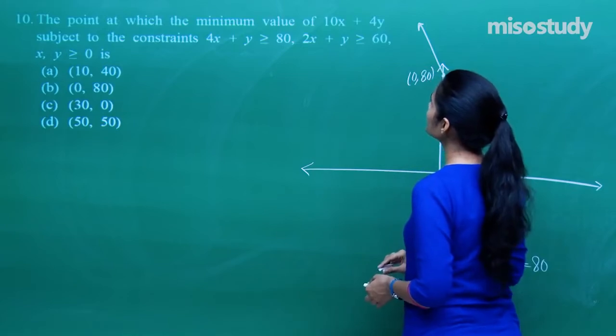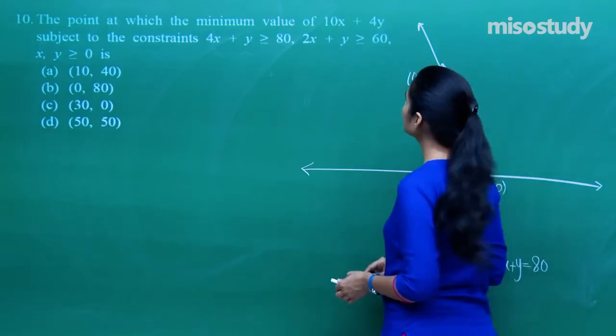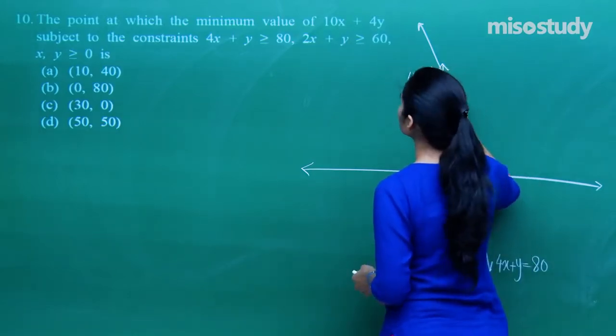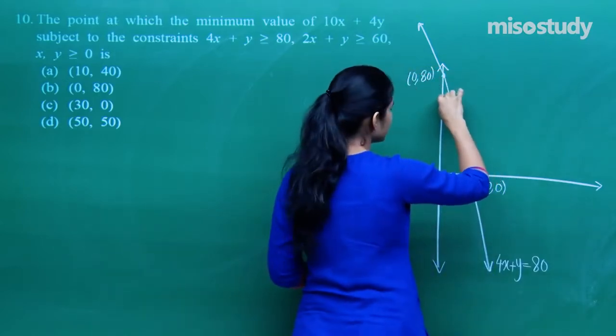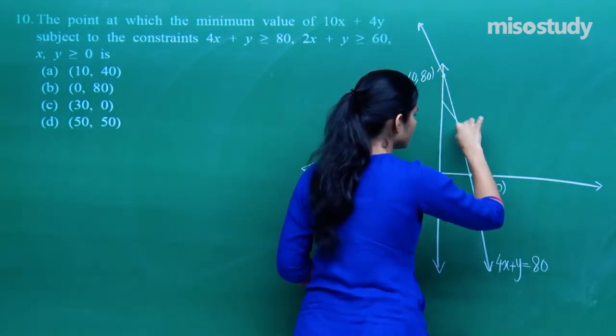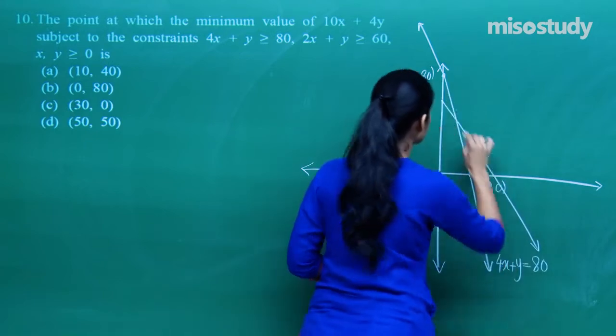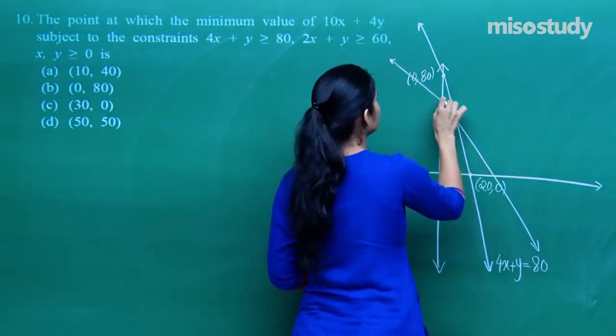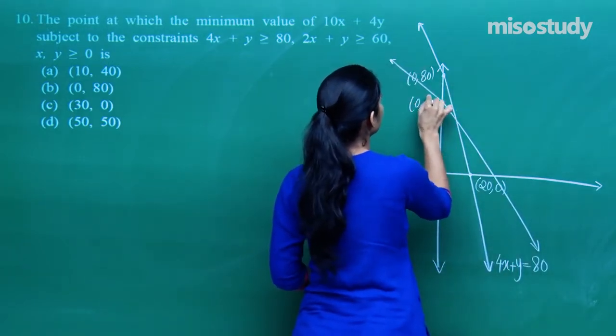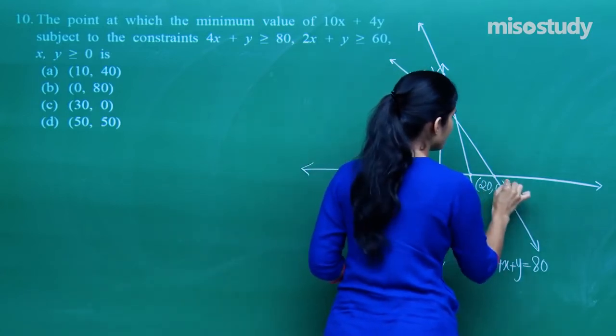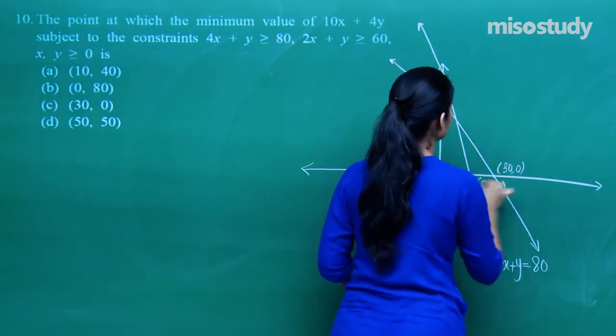Then you have 2x plus y equals 60. When x is 0, y is 60, and when y is 0, x is 30. So this is 0 comma 60 and this is 30 comma 0.